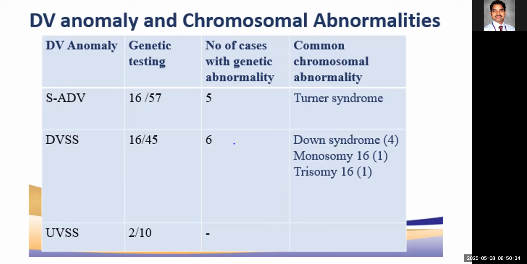What happened to the UVSS? None of them took the genetic testing? No, sir. It was associated with cardiac abnormality and multiple other findings, so they underwent termination of pregnancy. That is what we observe in our patient population. If it turns out to be normal, I could still have the baby, then I would do the genetic testing. If anyway it's a gone scenario, then I wouldn't do it.